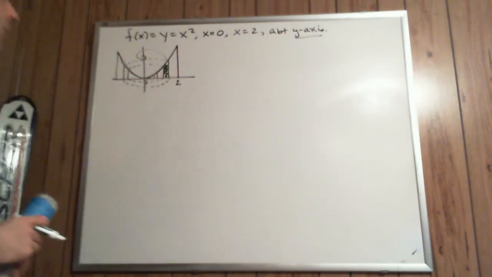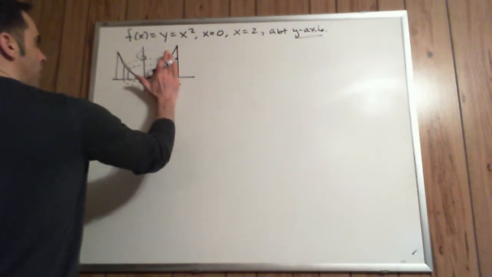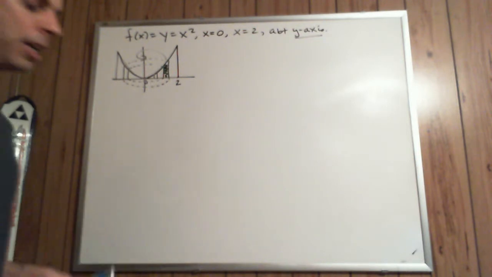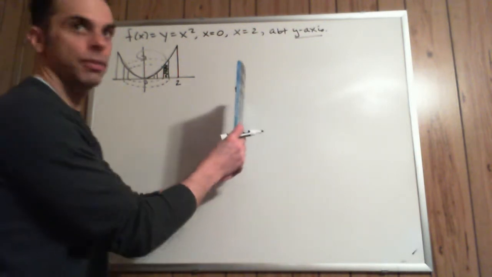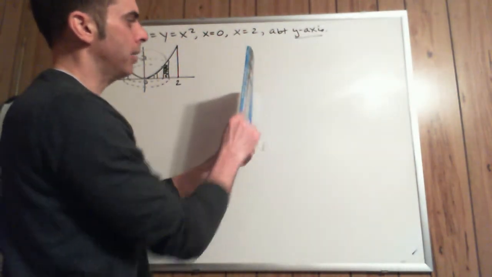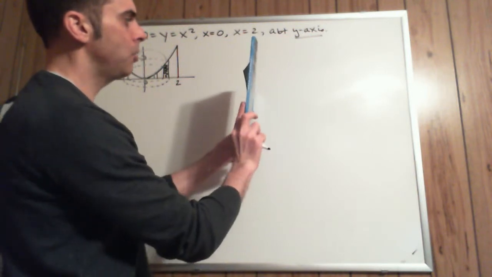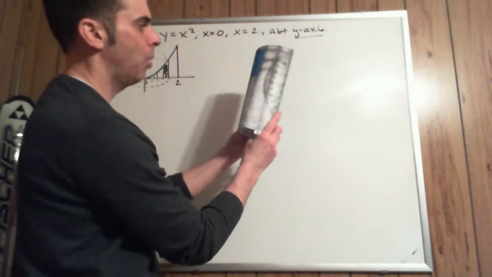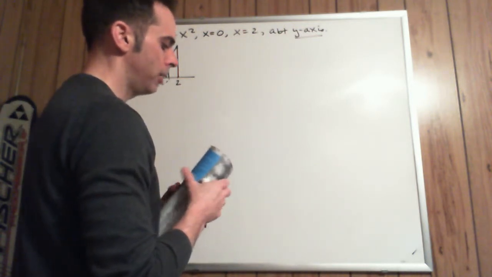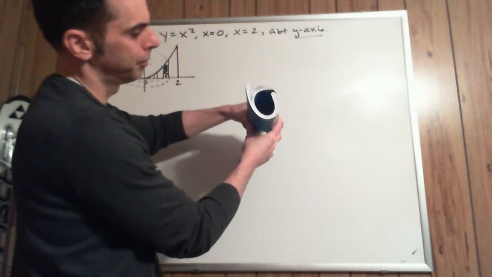If you envision that, what I would have, one cross-section, by taking one rectangle and revolving it about the y-axis, would be a cylinder. It's kind of like this, as a visual. Here is this book. This is the rectangle right here in that region, one rectangle, and I'm going to revolve it about the y-axis. So the result, when I round out the book, of course, is a cylinder.